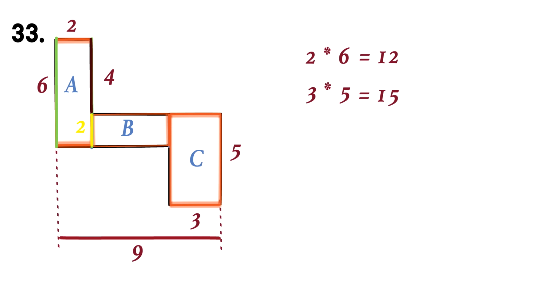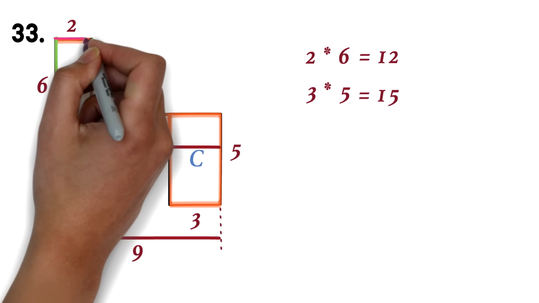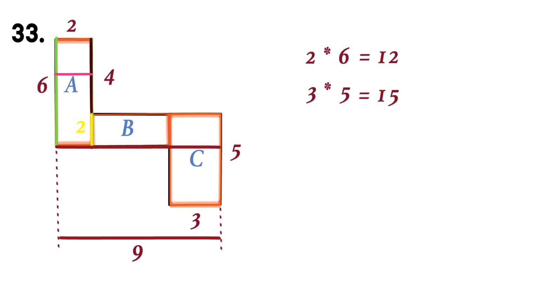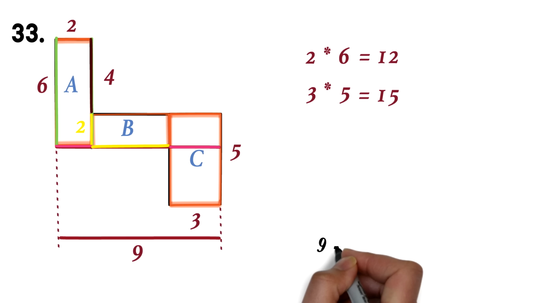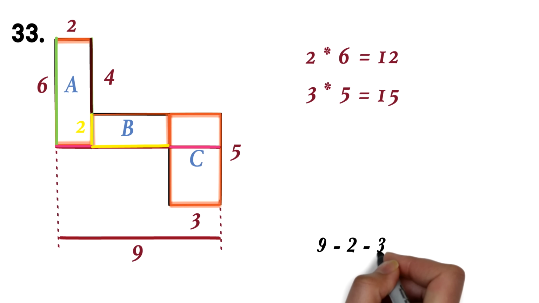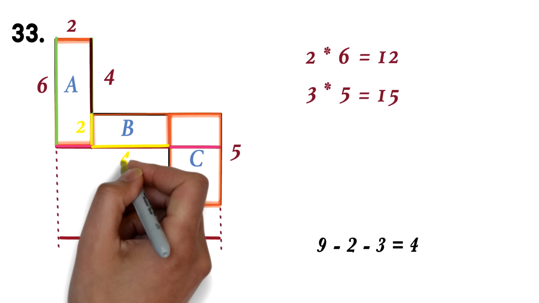Here, we have been given that from this point to this point is 9. We know that this side is 2, and we also know that this side is 3. So we can subtract 2 and 3 from 9 to find out what this section is. 9 minus 2 minus 3 is 4.